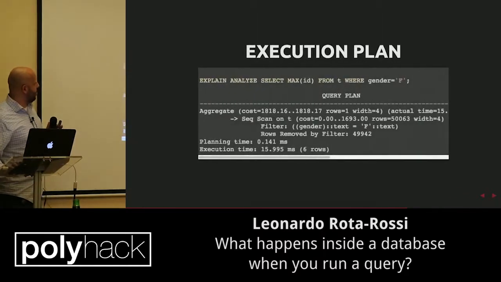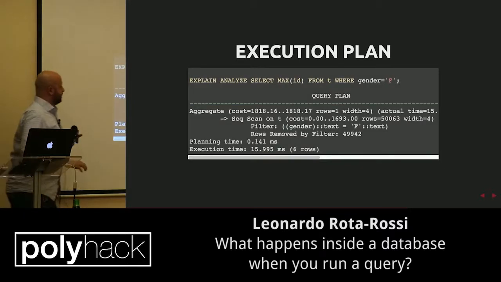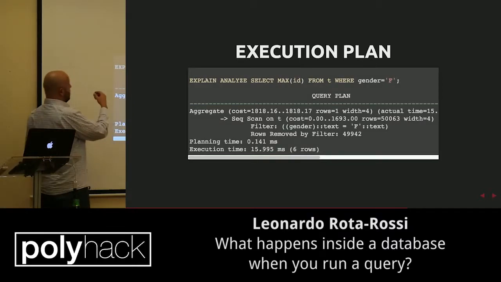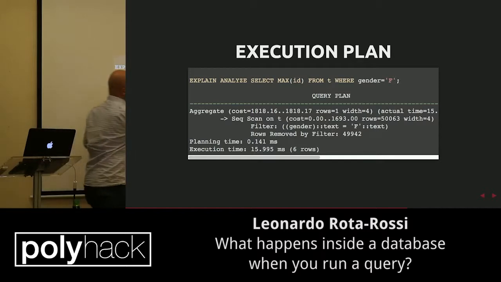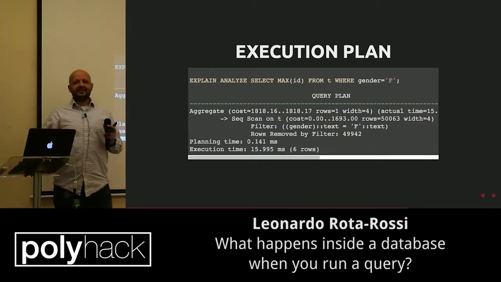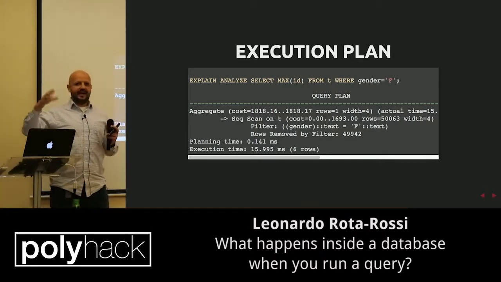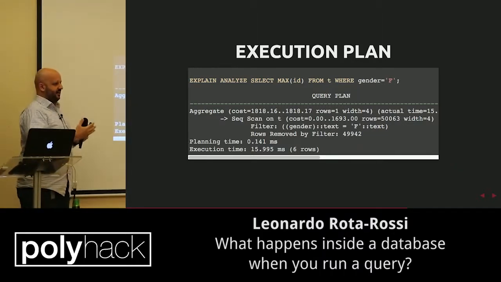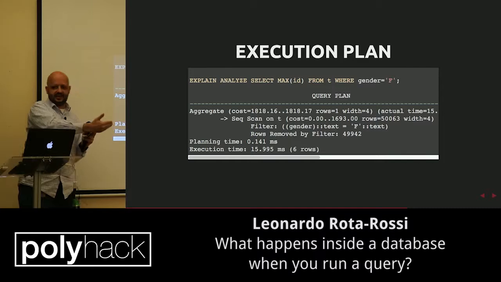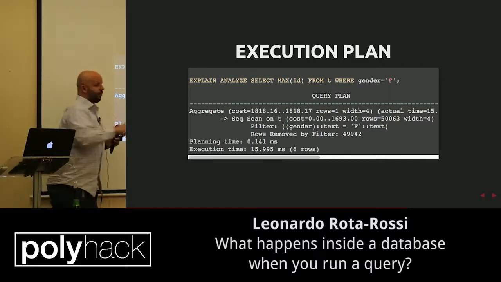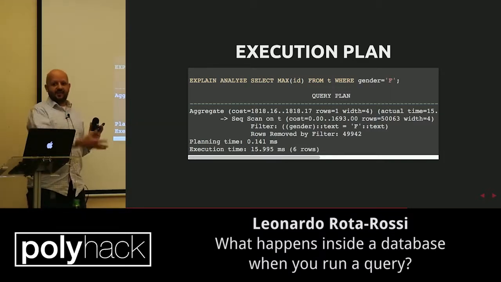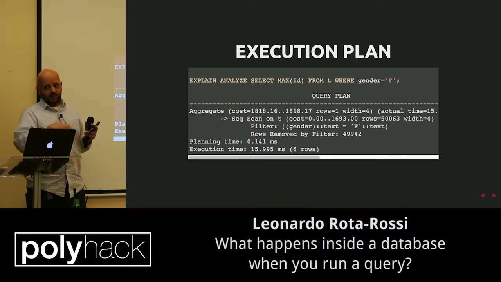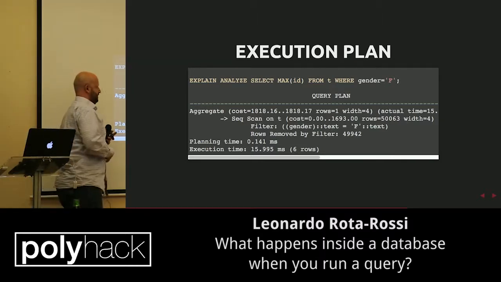But that's not always the case. For instance, here I have another query. I'm looking for the latest employee. I'm assuming that every time I hire an employee, I increase the ID, so I'm looking for the latest female employee that was hired. What was its ID?